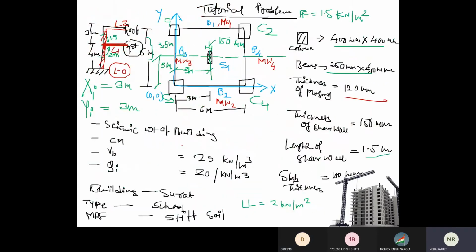જો તમારે શું હોય એકચ્યુઅલી, this is your building, right? This is 4 meter height and this one is 3 meter height, and you are calculating for first floor or level 1.